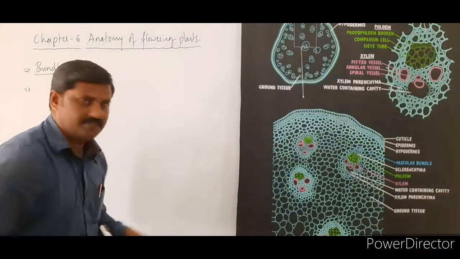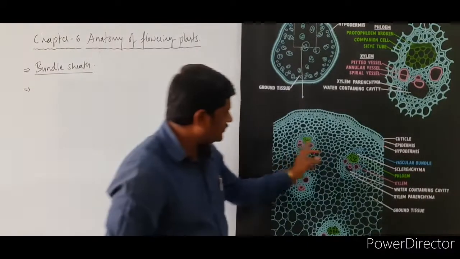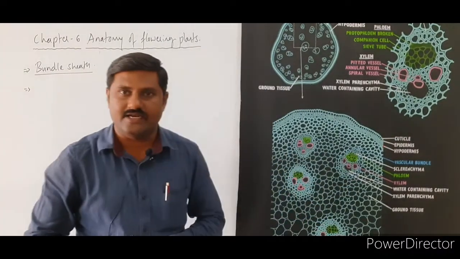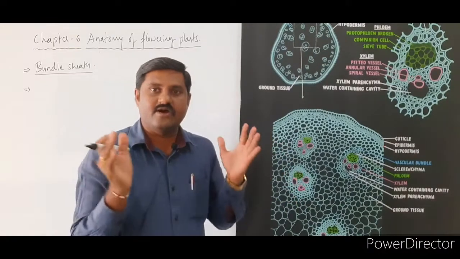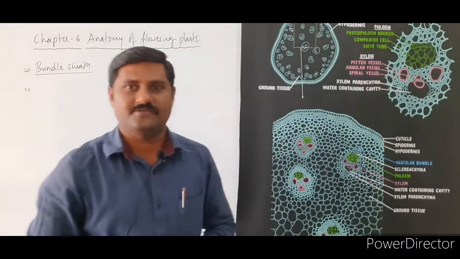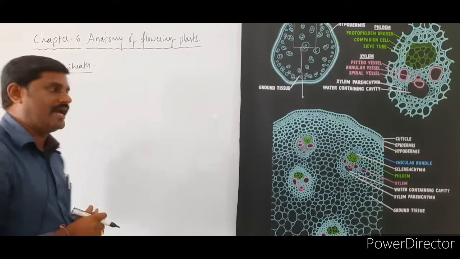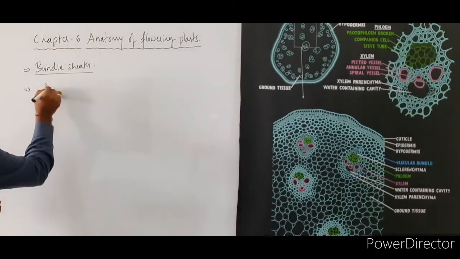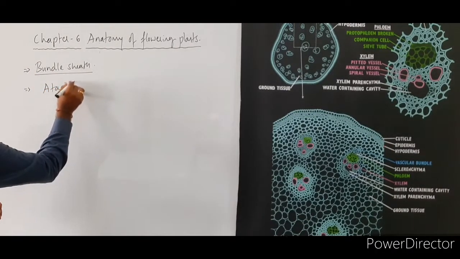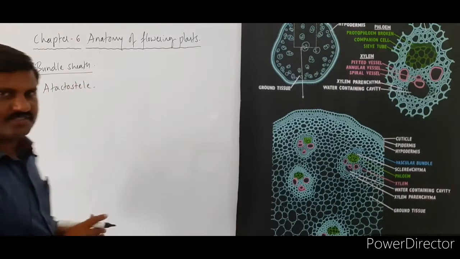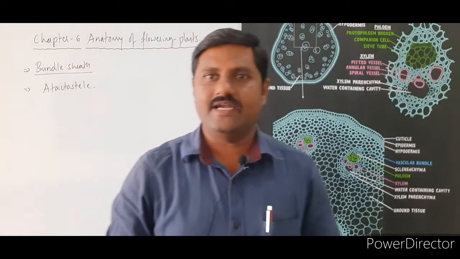Okay, after this, all these vascular bundles, as I said already, are scattered in the ground tissue, and that kind of arrangement is described as atactostele.